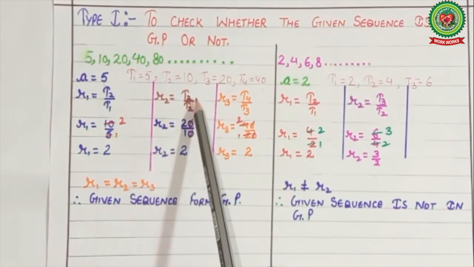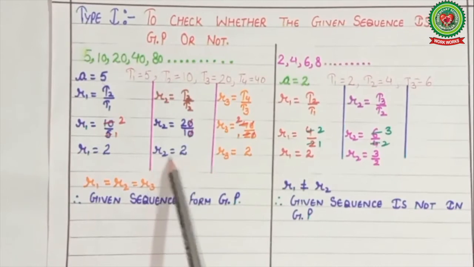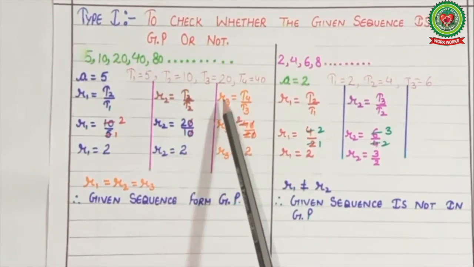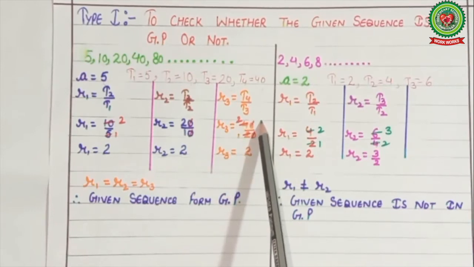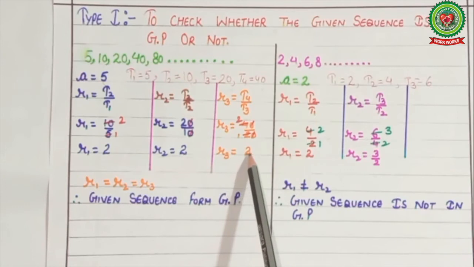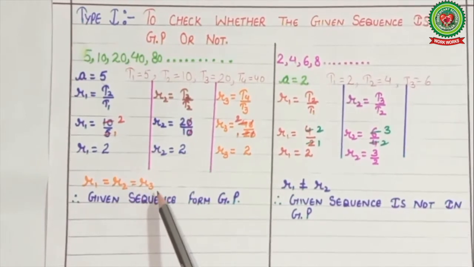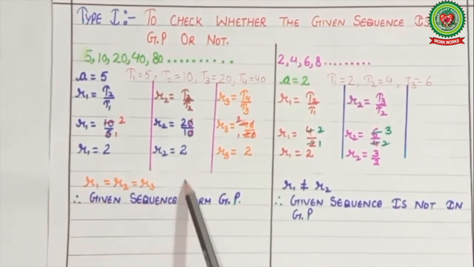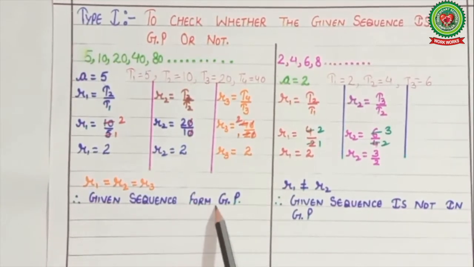Fill in the values of the third term and second term. You will get R2 is equal to 2. Now come to R3, that is fourth term upon third term. Fill in the values. Now you get R3 is equal to 2. Here R1 equals R2 and R2 equals R3. All ratios are equal. So therefore the given sequence forms a GP.